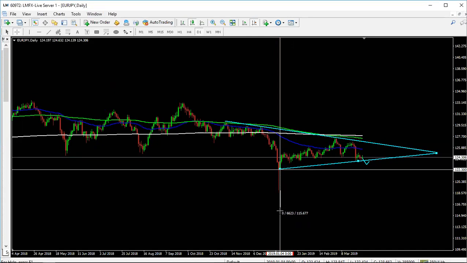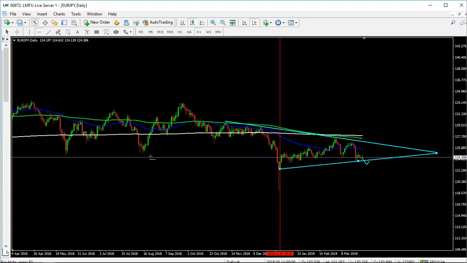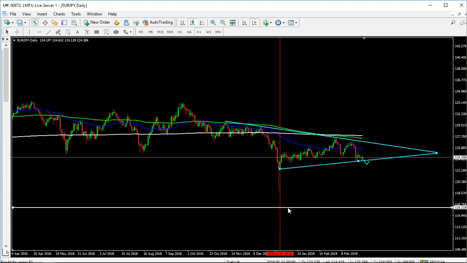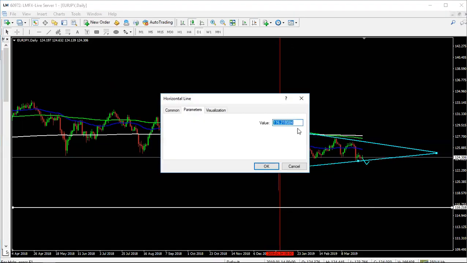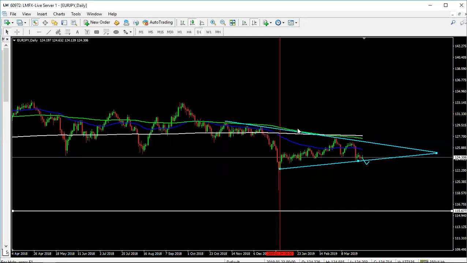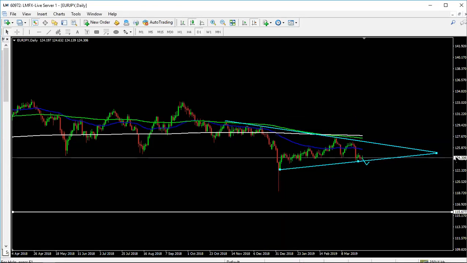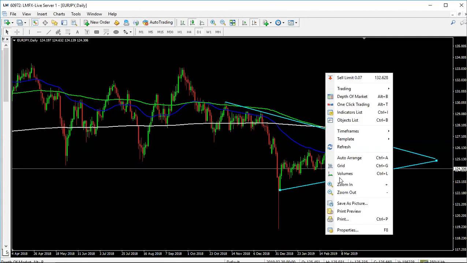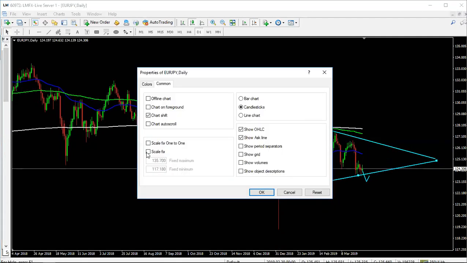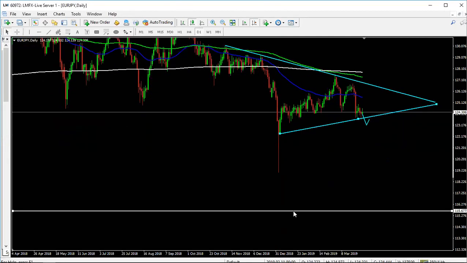So 115677. Okay, so in theory, get rid of this one. Okay, in theory, this is our take profit area. Okay, in theory.